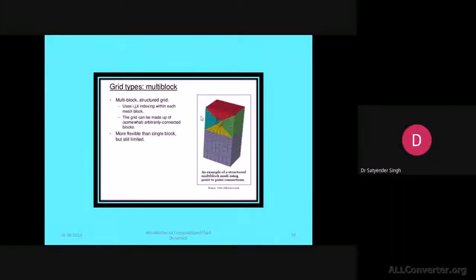Another term which is important to understand in grid generation is structured or unstructured. A structured grid is one where we have orthogonality in the grid, or we should say quadrilaterals are forming there. So that will be recognized as a structured grid.